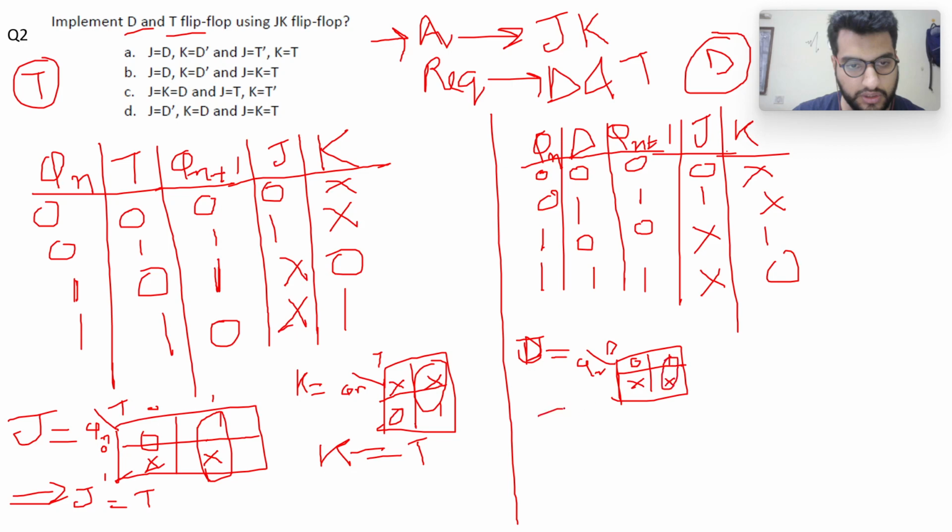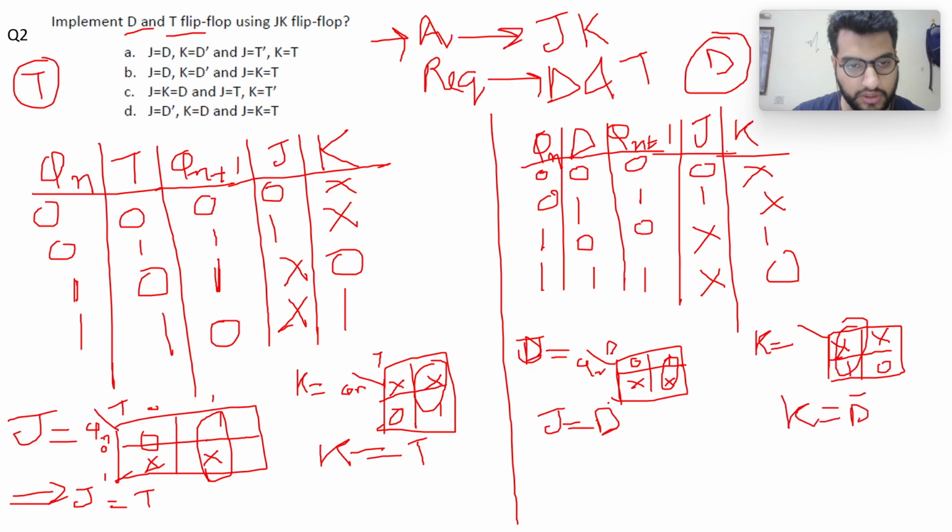So J is equal to D. Now for K we have 0 0 is cross, 0 1 is cross, 1 0 is 1, and 1 1 is 0, and for that we have K is equal to D complement.